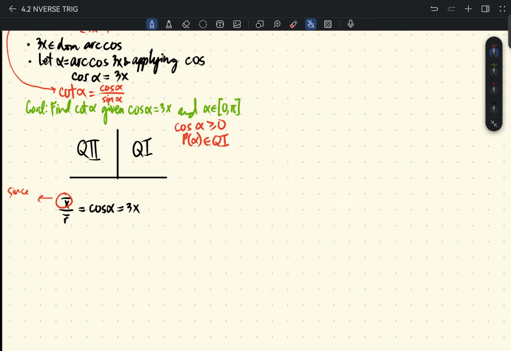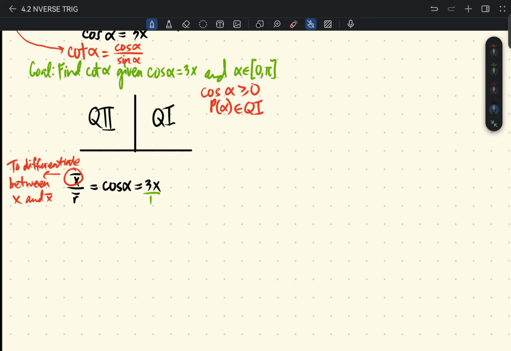This is just for the sake of me not using 3x again, or should I say, just to differentiate between x and x bar. And take note, 3x is just the same as 3x over 1. So for simplicity, we can take x bar to be equal to 3x and r bar equals 1.